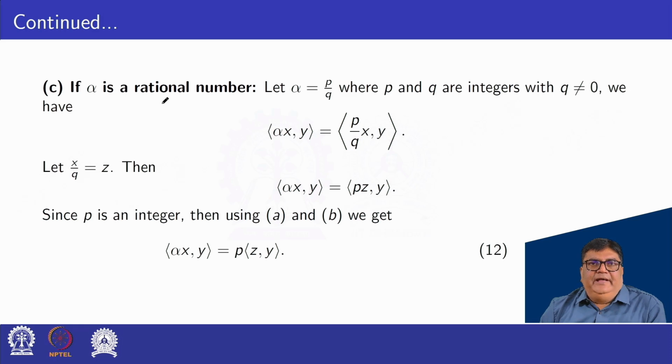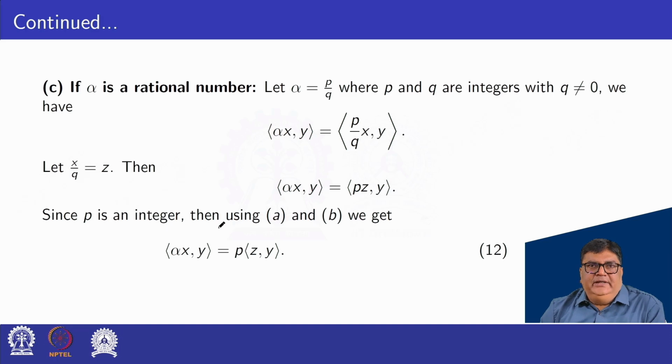Now, if alpha is a rational number, let alpha be equal to p by q, where p and q are integers with q not equal to 0. We have inner product of alpha x, y equal to inner product of p by q x, y. Let x by q be equal to z. So this can be written as inner product of alpha x, y is equal to inner product of pz, y.